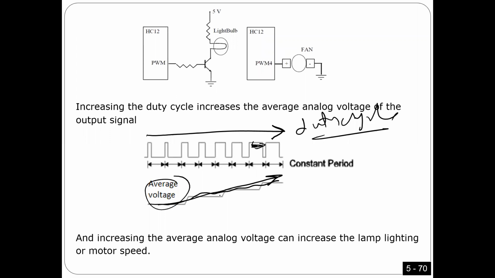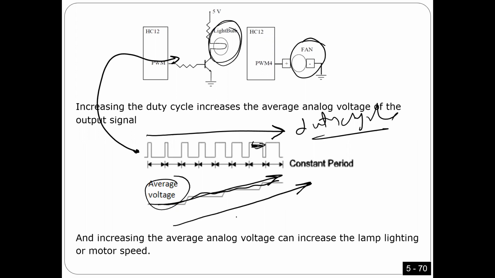That means when I apply this signal to some loads, like a fan, or like a bulb like this one, you can actually increase the voltage. When you increase the voltage here, as you go this way, the fan can rotate faster.